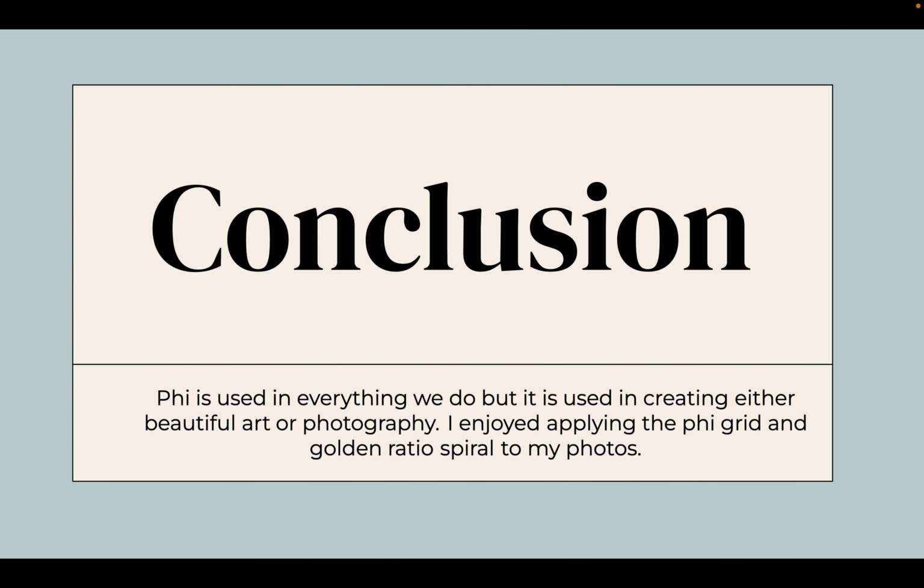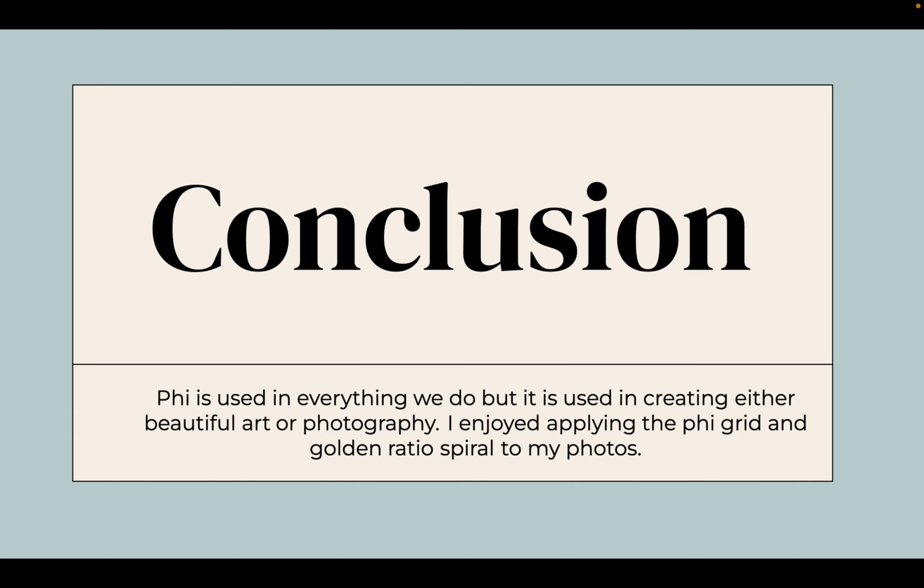In conclusion, Phi is used in everything, creating beautiful art and photography, and I thoroughly enjoyed applying the Phi Grid and golden ratio spiral to my photos, as it's not something I really used. I used the Phi Grid and rule of thirds when taking photos, but the Fibonacci spiral, I never really thought to use, as I can't really apply that on the camera.